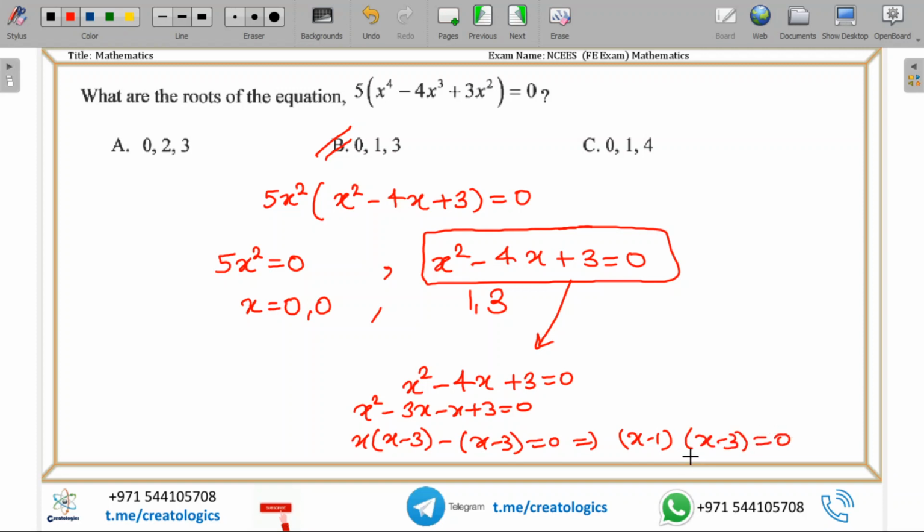So x minus 1 equal to 0 gives x equal to 1, and x minus 3 equal to 0 gives x equal to 3. In this way also you get the same result. But it's better if you use your calculator for this, no need to do it manually because it's a very basic quadratic equation.